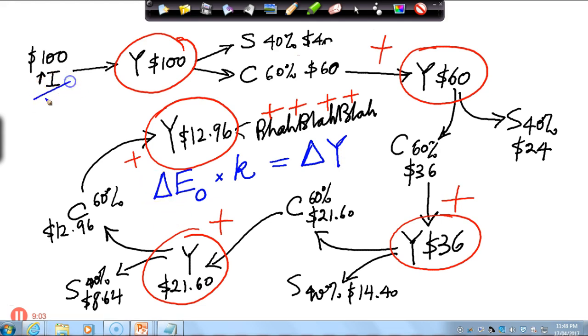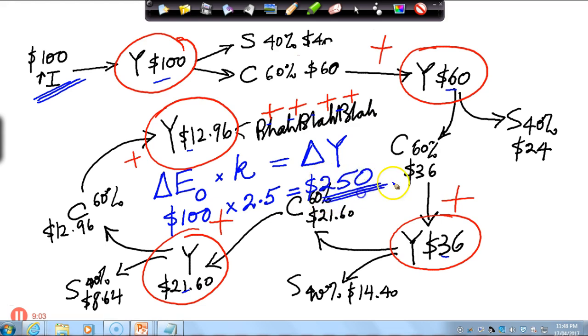The initial change in expenditure was 100. The multiplier is 2.5, and that results in, if we add up all of these, the overall increase in income of 250.